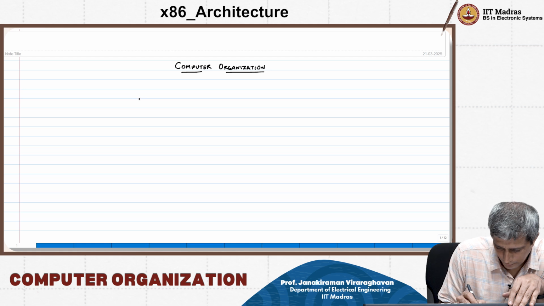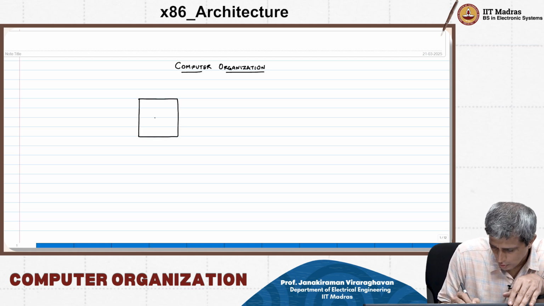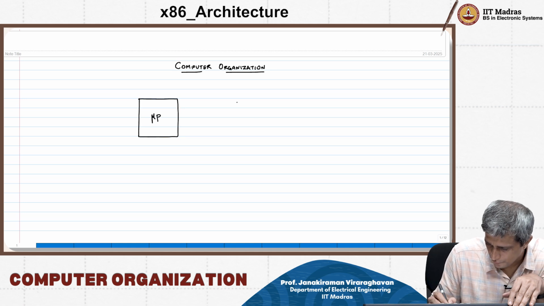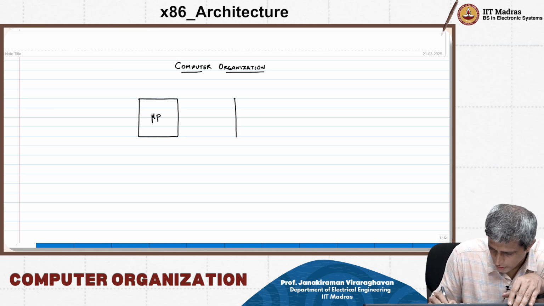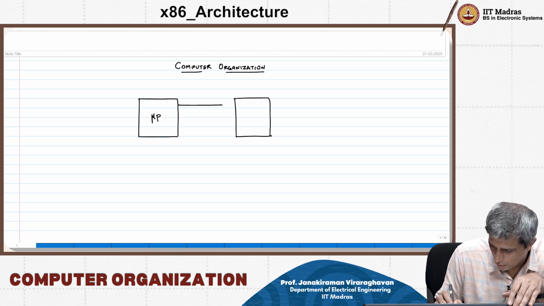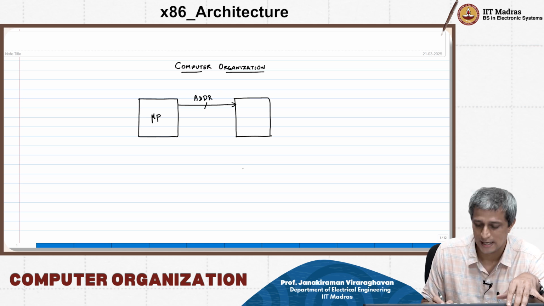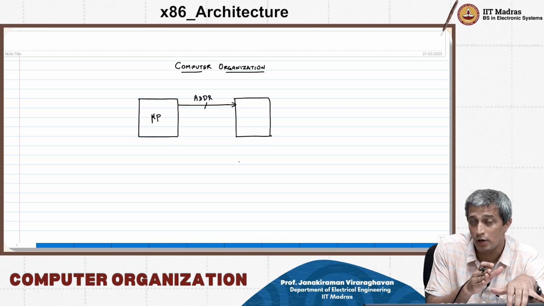So, if I go back to this picture here, this is a microprocessor, this is a memory. I have the address which is a bus, and the address is actually just an output pin for the microprocessor.